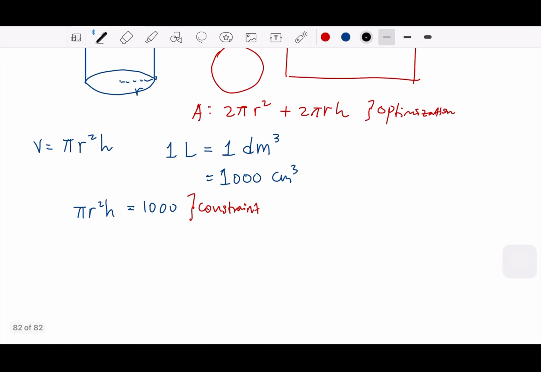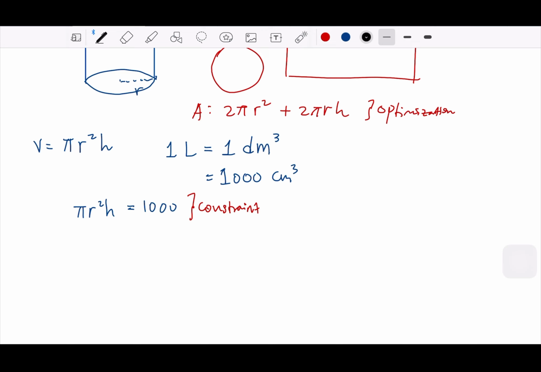Okay, and the deal here, you have this constraint. What you need to do with the constraint is the same: take either r or h and substitute into this equation, so that the equation of the optimization has one variable. That's the key for all optimization problems.